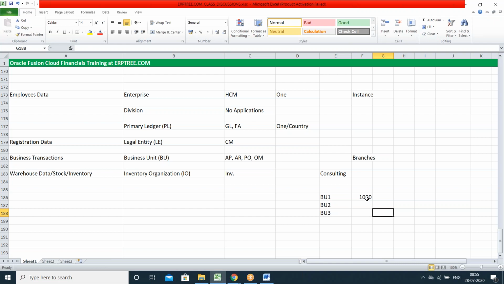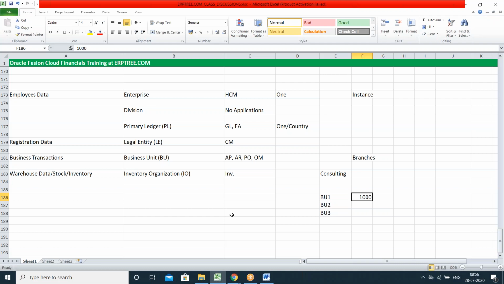But once you send the data to the GL application for financial reporting, your BU data won't come to GL. In that case, how can you identify BU1-related transaction data in the GL for reporting? Got my point?